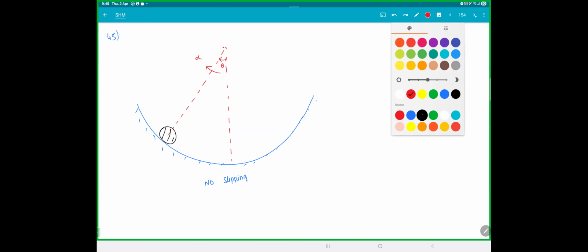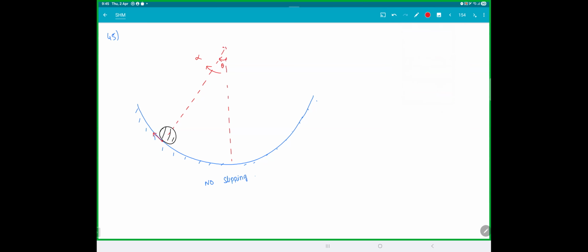Fair enough. Now this ball, when it is moving, will have friction. It will have normal reaction. It will have mg sine theta. It will have mg cos theta. And all that stuff will be there.